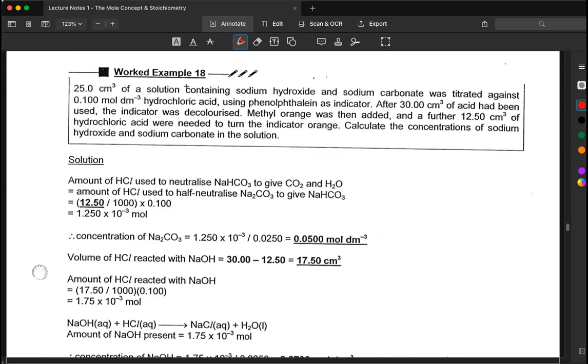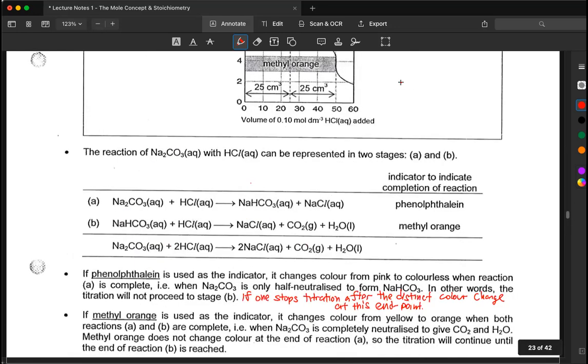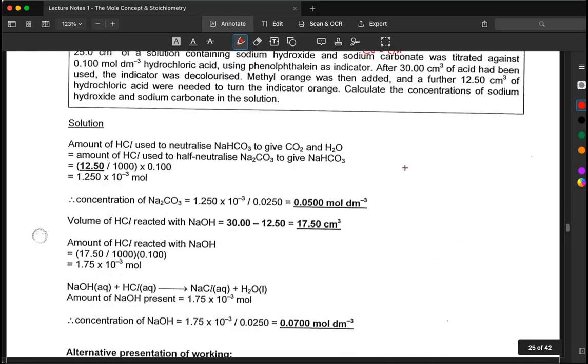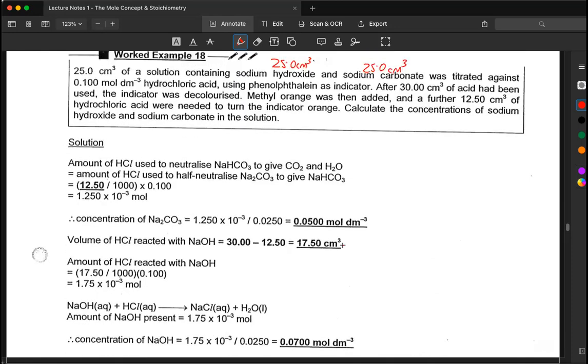This volume is shared by both, so it belongs to both. So you can say this one is 25.0 cm³, this is 25.0 cm³. Same. So that is the concentration of Na2CO3.